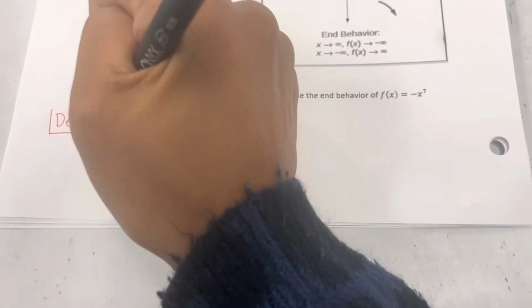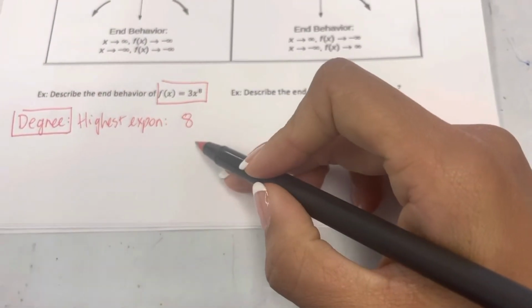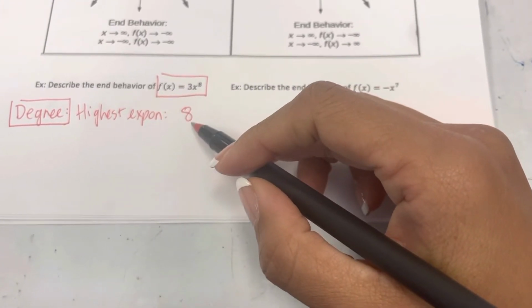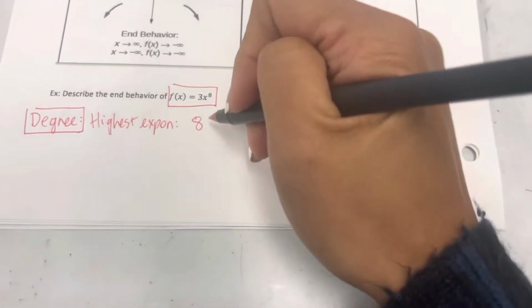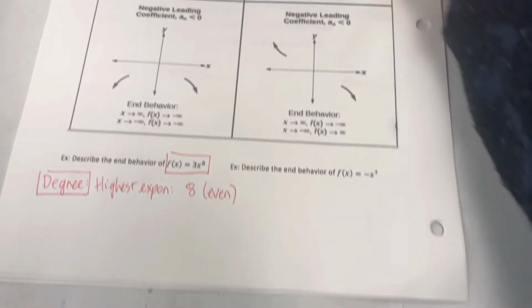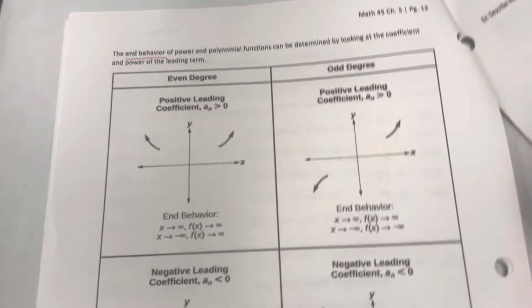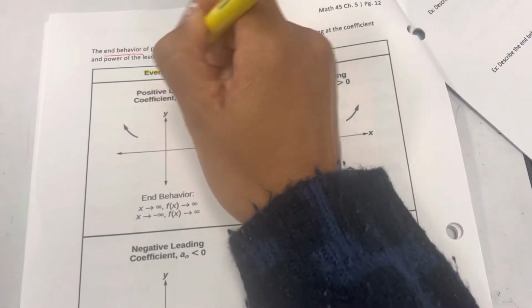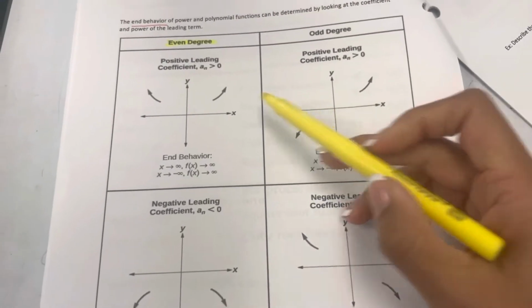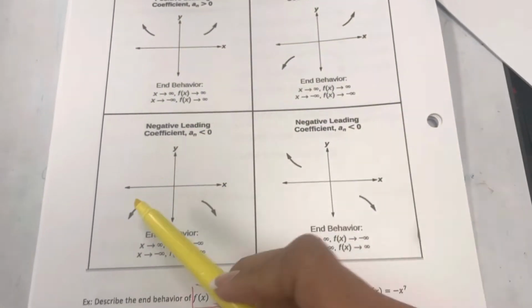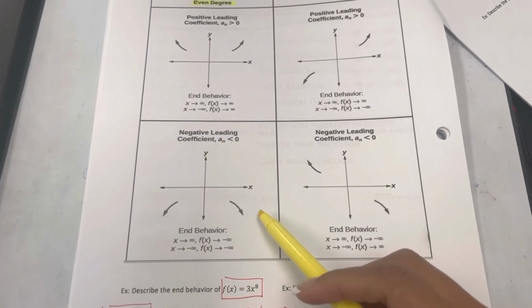By knowing the degree, we're going to be able to know what the end behavior is going to look like. Is 8 an even or odd number? Even, right? So since it's an even number, looking at this chart here, it says that if you have an even degree, your end behavior will either both be pointing up or both be pointing down.